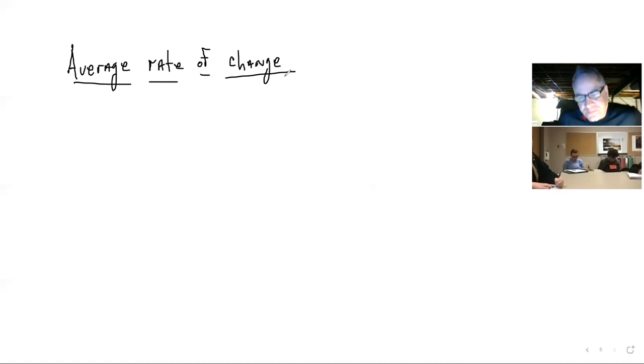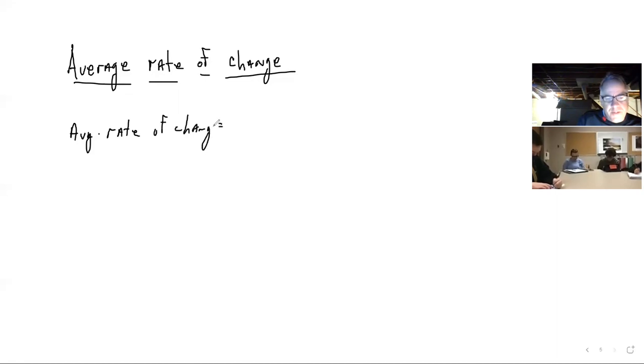Average rate of change is simply a slope. So if you have a function, you want to find the average rate of change from one x value to another x value.